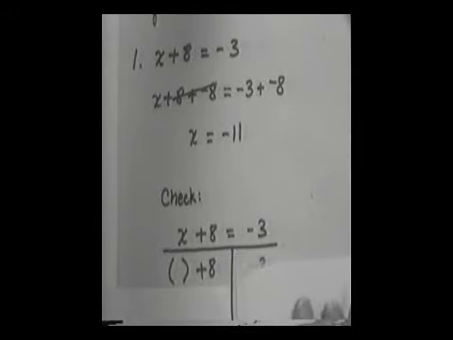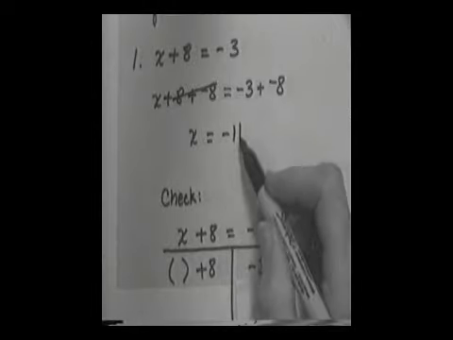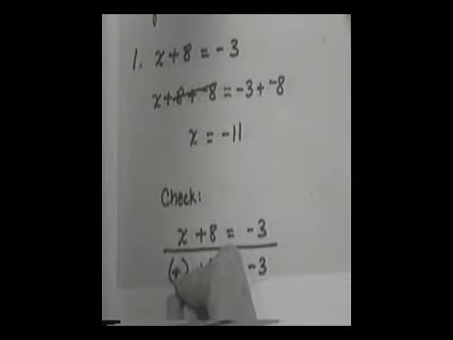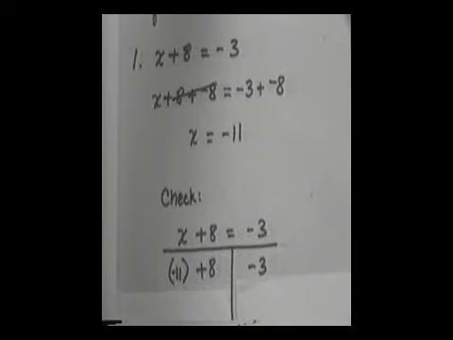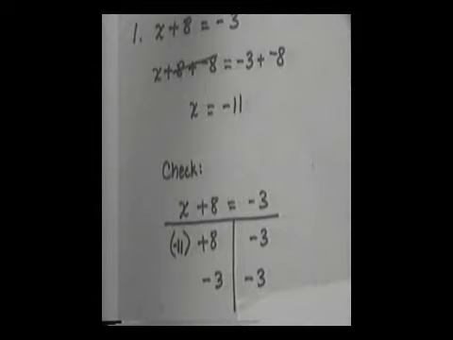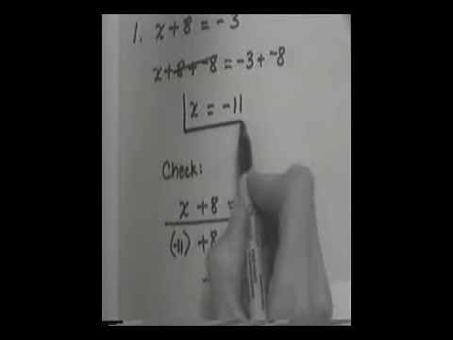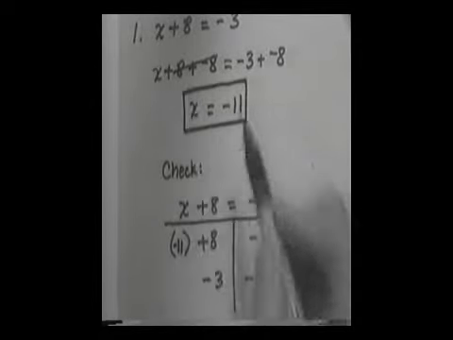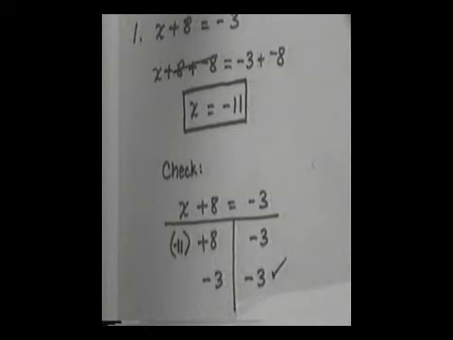Then plus 8. On the right-hand side of the wall, simply negative 3. The x value we're checking is negative 11, and so we'll fill in negative 11 in the parentheses. Negative 11 plus 8 is negative 3. Negative 3 equals negative 3. That is true. I'll check it as true, which means x equals negative 11 is the correct answer. I'll box the answer in. X equals negative 11 is the solution to this equation.